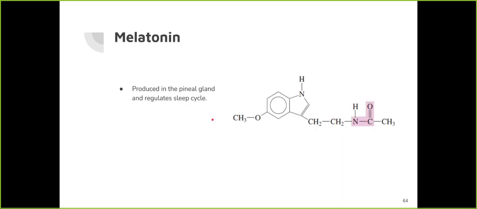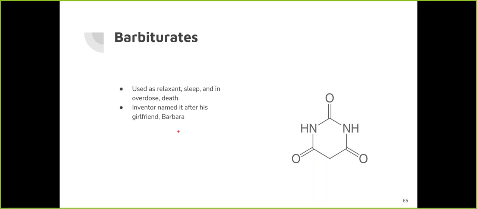Melatonin is produced in the pineal gland and this regulates sleep cycle. And again, you see this amide group here in this molecule of melatonin. Barbiturates are used as a relaxant to aid in sleep.